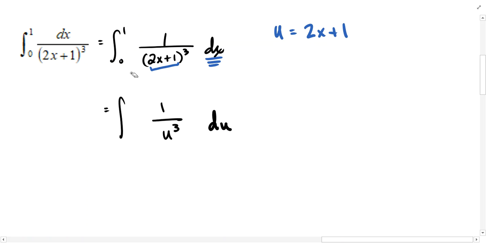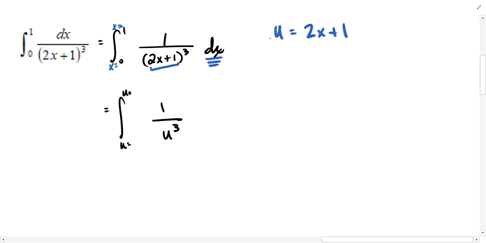This is saying that the area under this curve between an x value of 0 and an x value of 1 needs to be computed. Whereas down here, if we switch to the integral with the variable u, we're now talking about the position u, and the position of u is not necessarily the same as the position for x. So we're going to have to adjust for that as well.